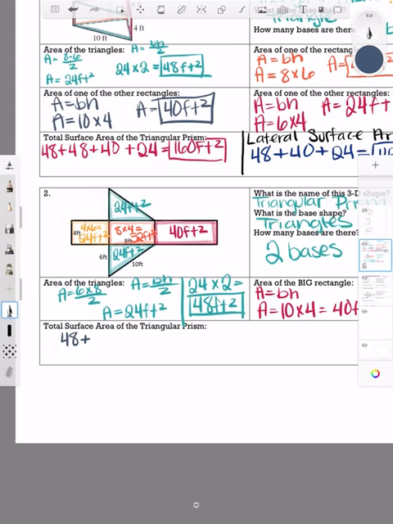The first one was 24 feet squared, the second one was 32 feet squared, and the last one was 40 feet squared. So we're just going to add 48 plus 24 plus 32 plus 40, and we end up with a total surface area of 144 feet squared.